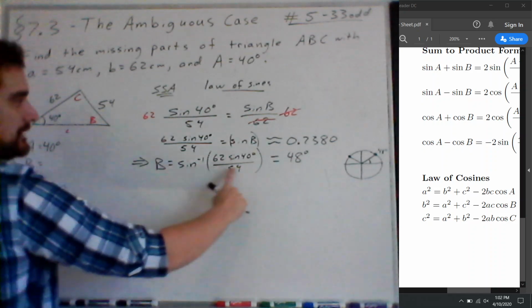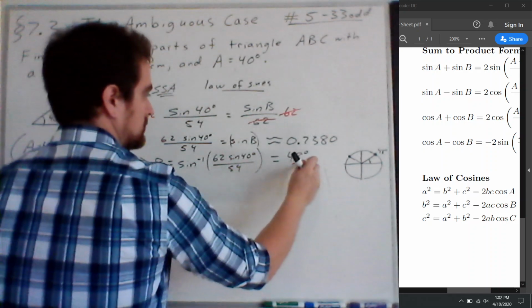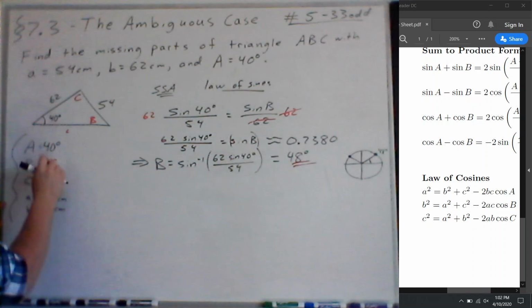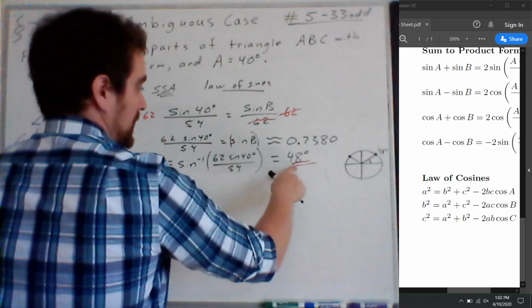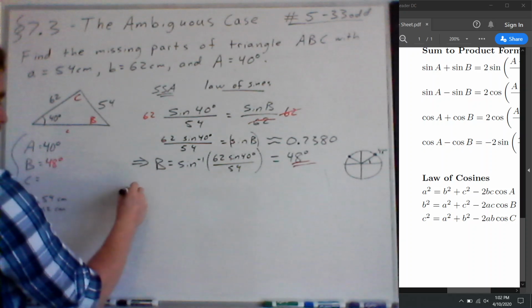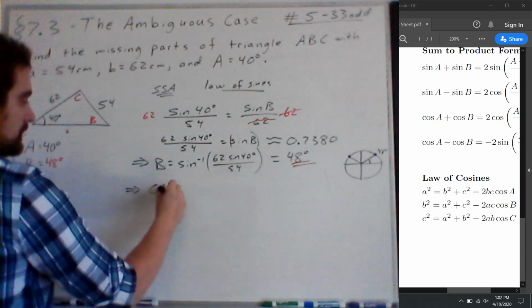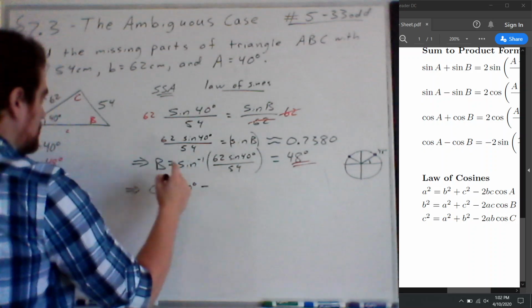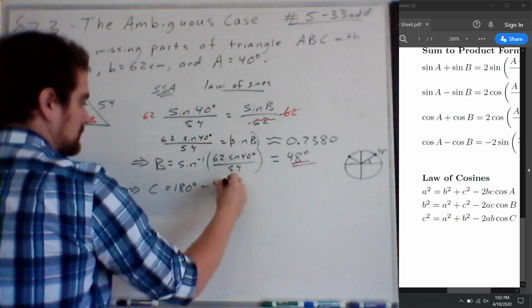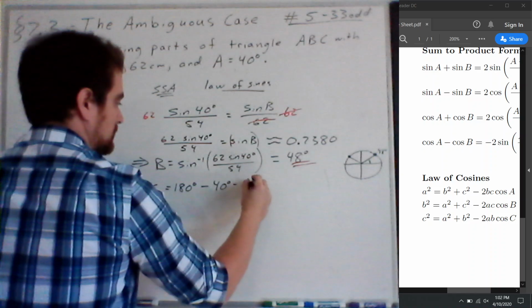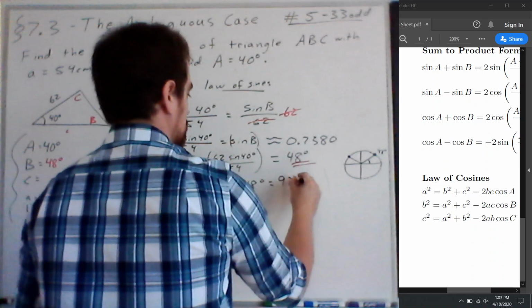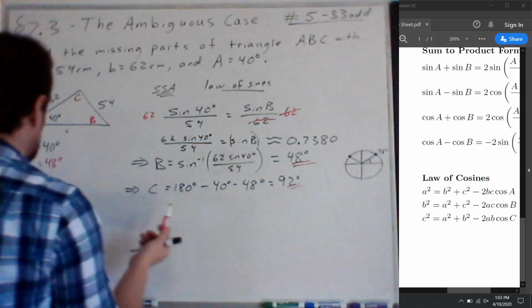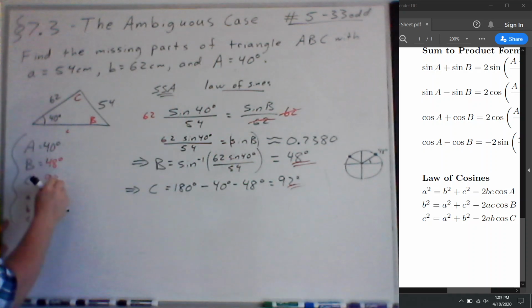I'm going to call B 48 degrees. What that tells me is that I can go find C by doing 180 degrees minus 40 degrees minus 48 degrees, which will tell me that capital C is 92 degrees. That's the leftover amount.